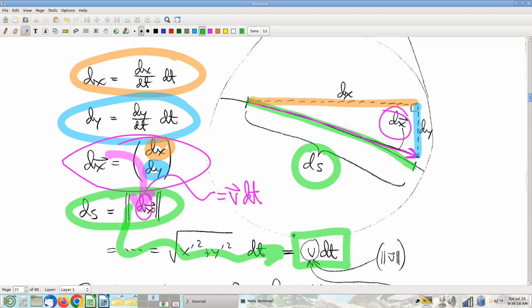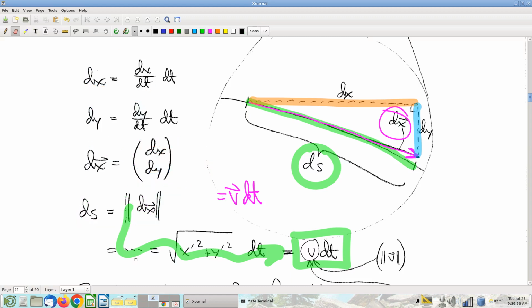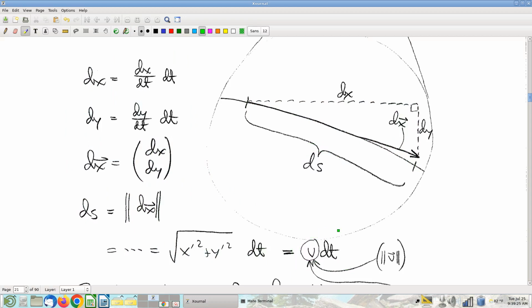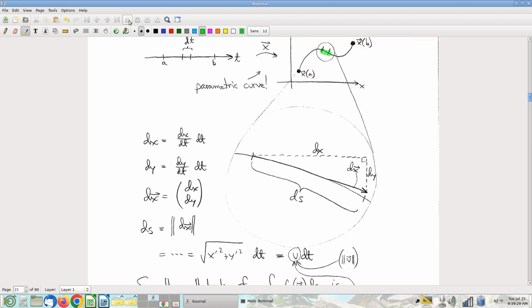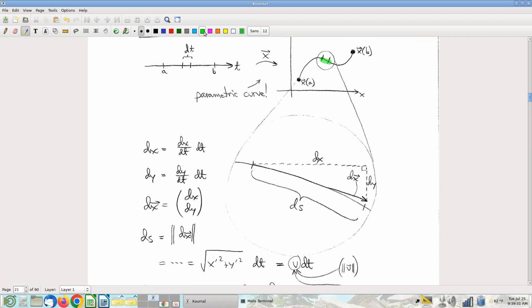And very importantly, now I'm going to get rid of all the clutter. Very importantly, if you look at how this formula ends up, this output size, ds, is being related to this input size, dt.